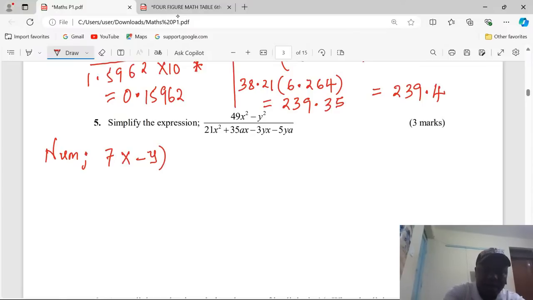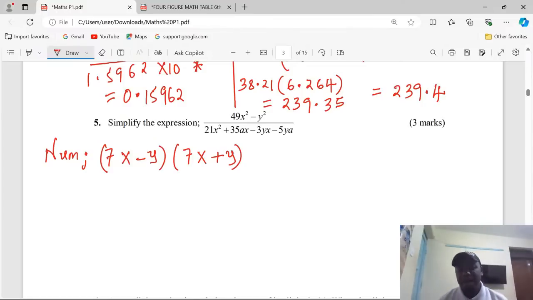So we get 7x minus y in brackets, then 7x plus y. The first case is now settled. We are through with factorizing a difference of 2 squares. We call it a quadratic identity, whereby we factorize a difference of 2 squares in one touch.